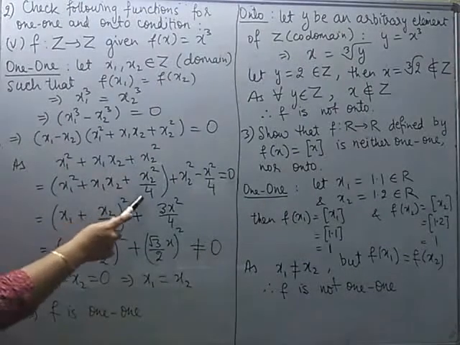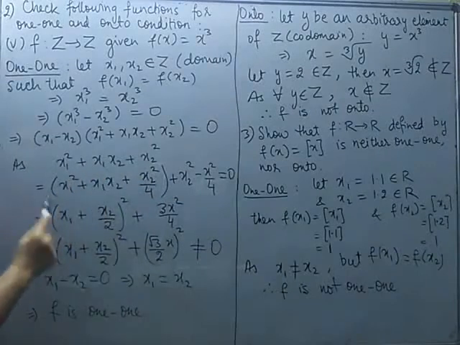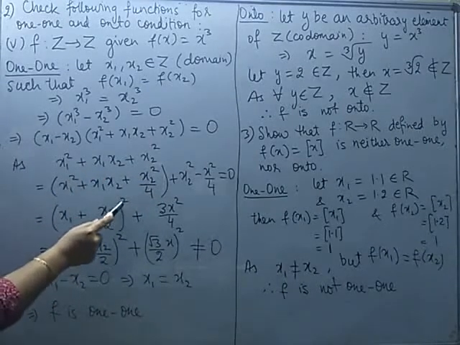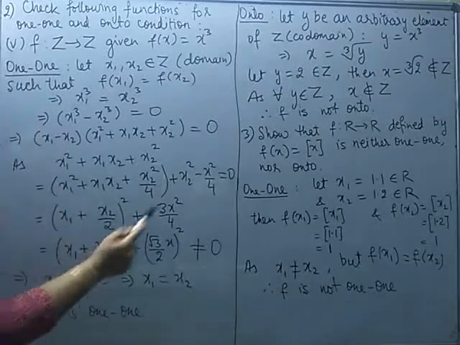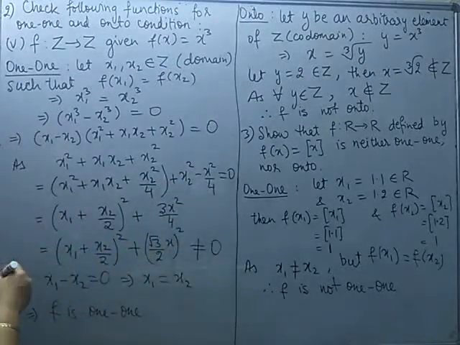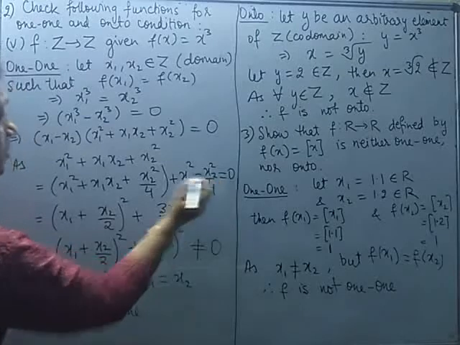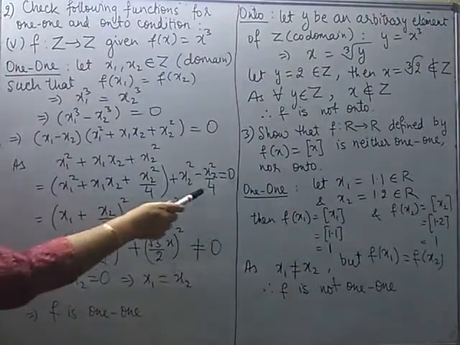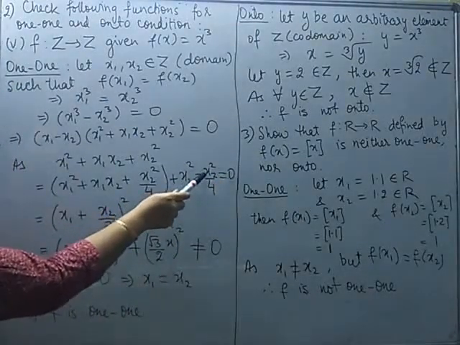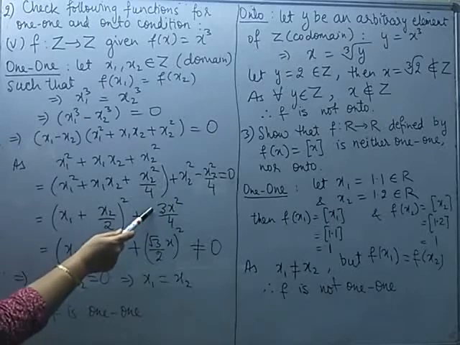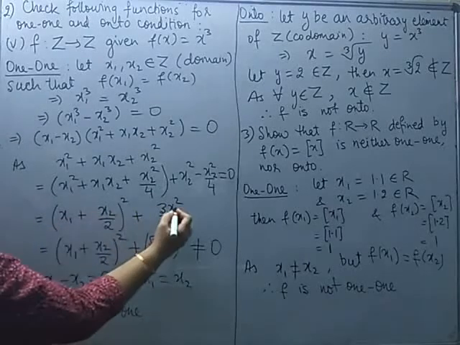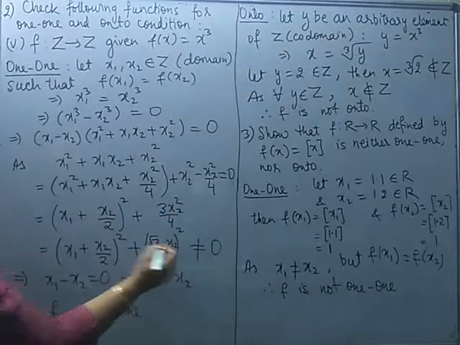Now once this is done, this becomes a perfect square: x1 plus x2 by 2 whole square. This is the square of this expression, plus on simplifying these two, we get 4 x2 square minus x2 square, that is 3 x2 square divided by 4.